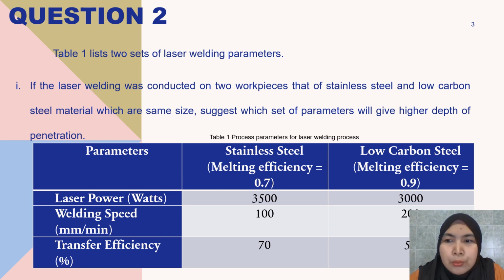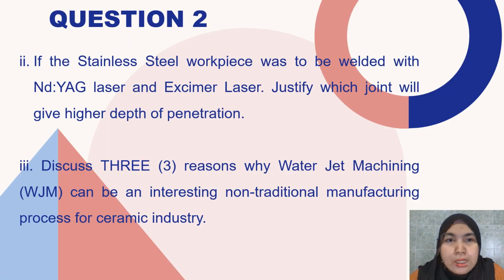We need to calculate it, and after calculation, we need to justify if the stainless steel workpiece was to be welded with Nd:YAG laser and excimer laser, which joint will give higher depth of penetration. And then discuss 3 reasons why water jet machining can be an interesting non-traditional manufacturing process for the ceramic industry.